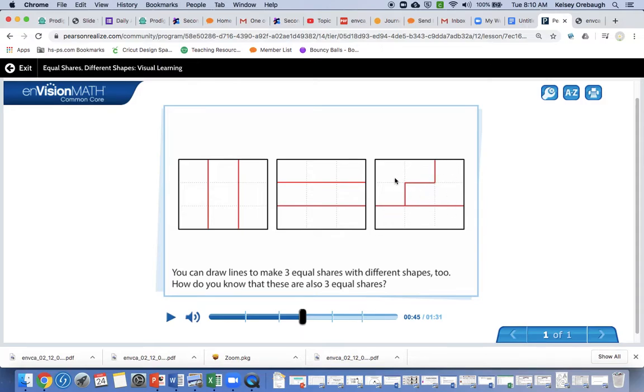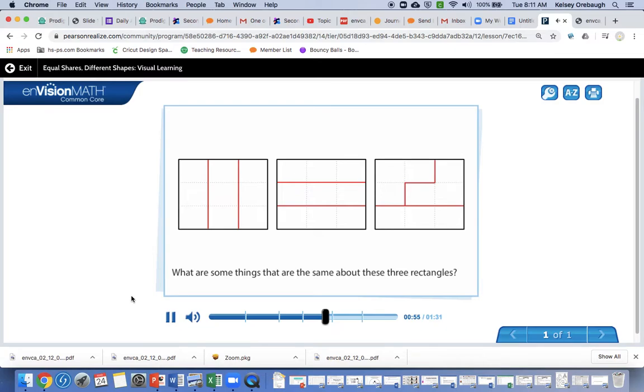So there are still 3 parts, 3 shares, and they are equal because they have 3 squares within them. Equal shares. Each share has 3 small rectangles, so they are equal shares.